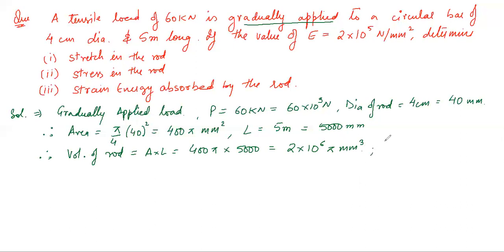In this question, Young's modulus, that is E, is given as 2 into 10 to the power 5 Newton per mm square. So we need to find first what is the stretch in the rod.